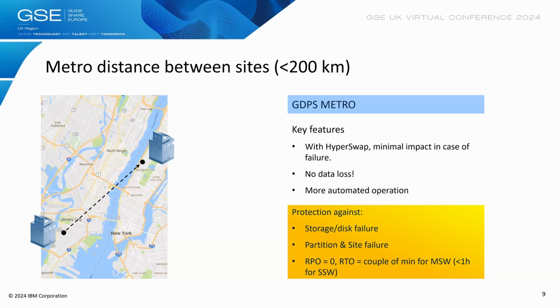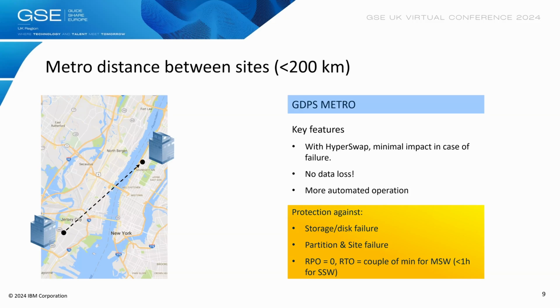The next important technology that is leveraged by GDPS is the HyperSwap technology. This technology allows you to transparently swap I/Os from the primary to the secondary site in case of a failure on the primary disk subsystem.